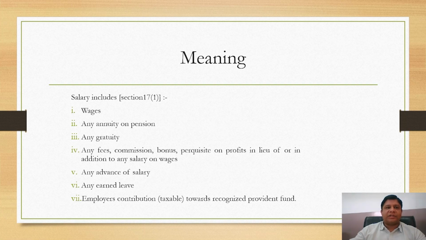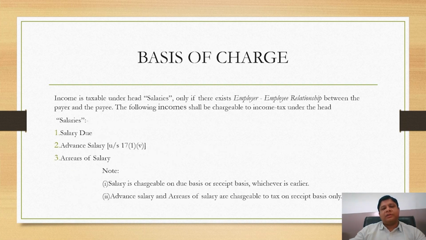employee contribution. Now, before going ahead, on the basis of charge, some key points to be kept in mind: salary and wages are identical in the Income Tax Act. The Income Tax Act does not make any difference between voluntary and contractual payment.